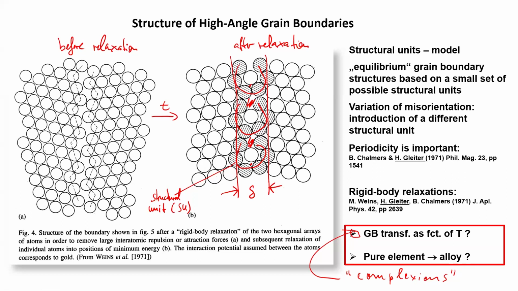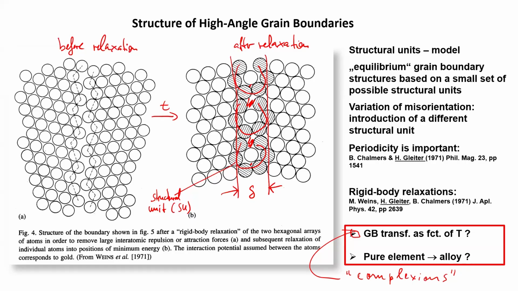And complexions has been invented as a term for saying grain boundary structure or grain boundary phase, because the local structure of this grain boundary plane will be different from the adjacent crystals. And if you remember Gibbs' phase rule, this might be a problem of having too many phases in your system. In end effect, it's no problem, because it's a conditional equilibrium.